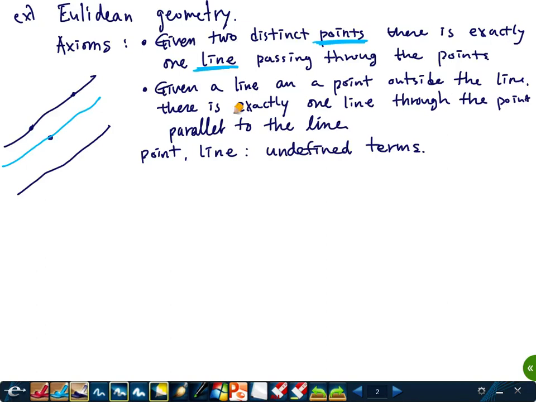So how can we define a point? Sometimes people say it's something that has no width, no nothing. Yeah, if you think about this, it's quite difficult to define this. But we all understand what a point is, so we just go without definition. It's an undefined term. Same for the line.